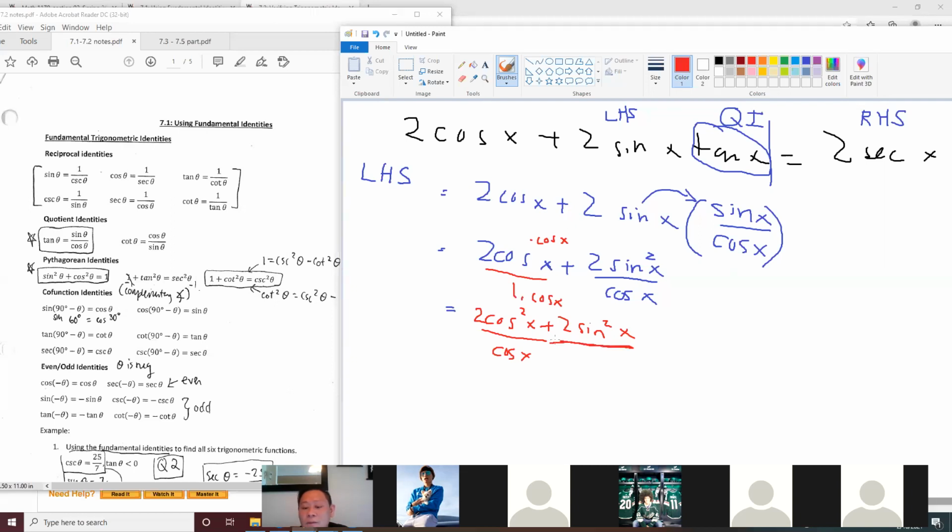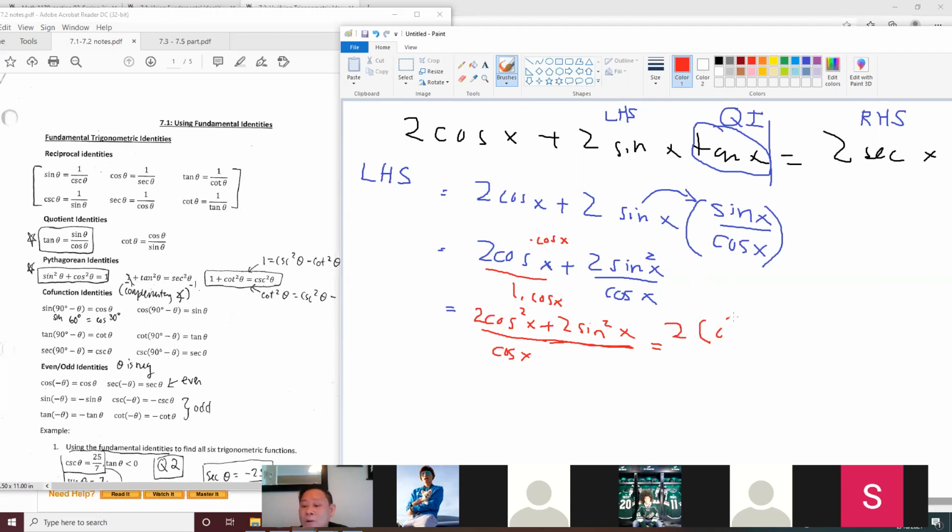Anyone know what to do next? What can you do on the top one? It would be the PI identity. Yeah, PI. So the 2 you can factor out because these 2 have 2. So you can factor the 2 out.